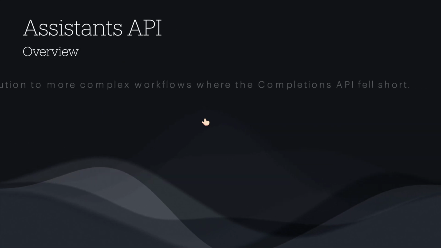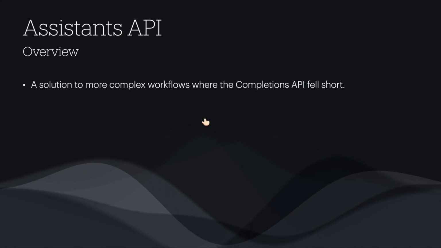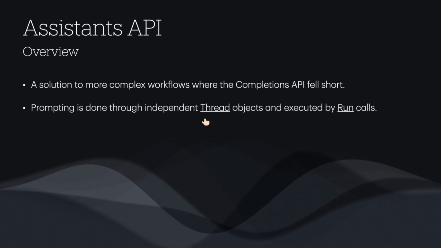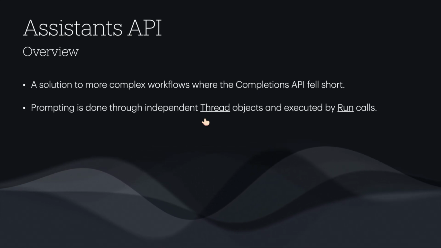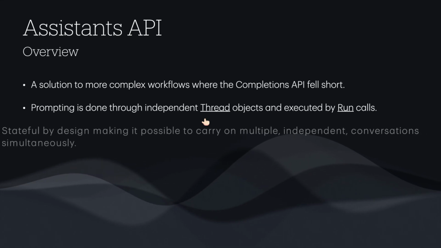The Assistance API. So the Assistance API obviously was a solution to more complex OpenAI integrations where it addressed the major pitfalls of the Completions API. The prompting is typically done through the concept of threads and runs, and we'll get into that a little bit more when we get into the code.